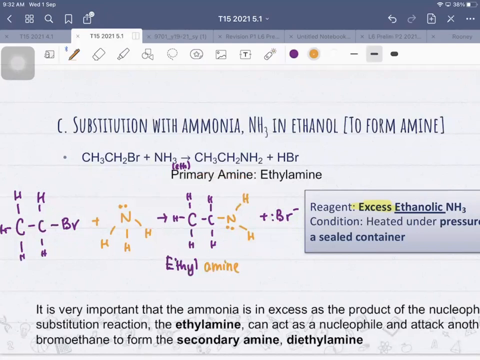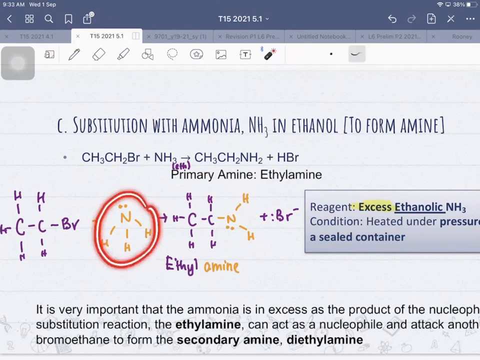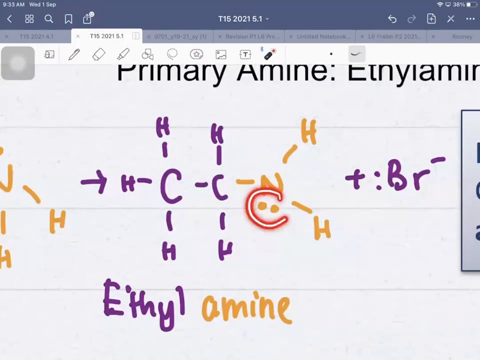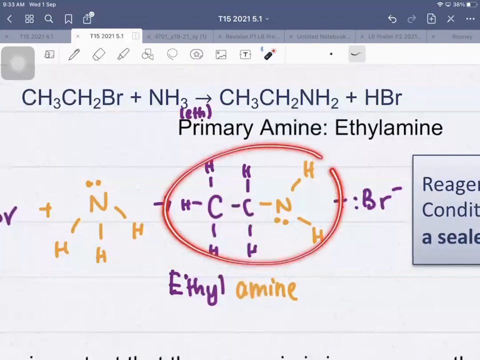The reason why your ammonia has to be in excess is because your product, your amine, has a lone pair of electrons there. And this lone pair of electrons means that ethylamine can also act as a nucleophile.